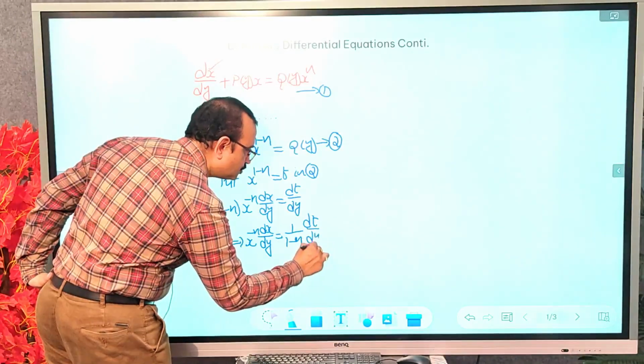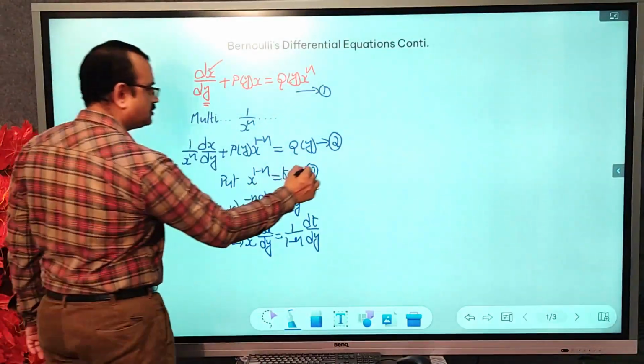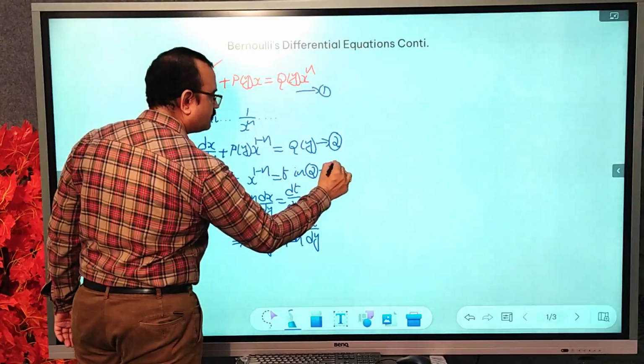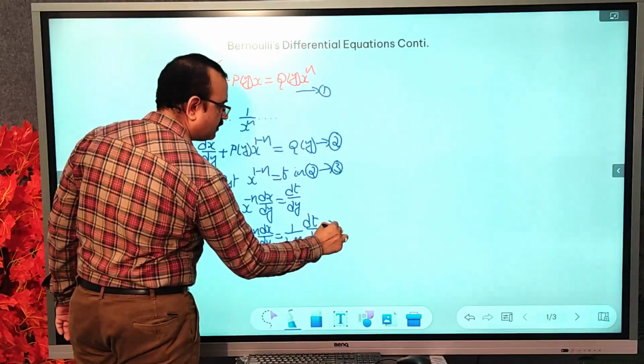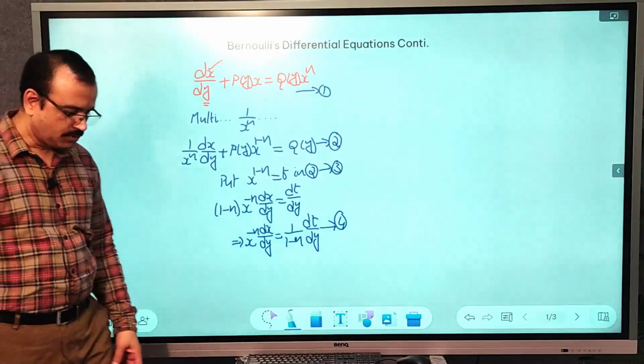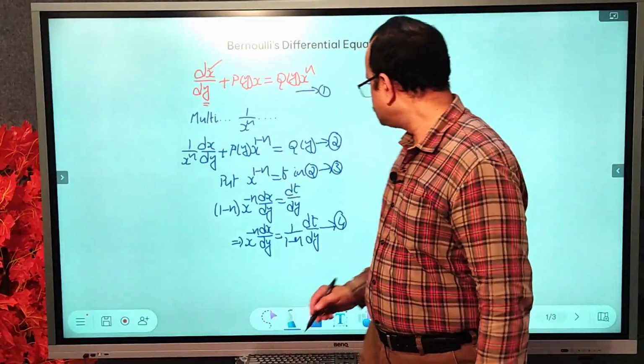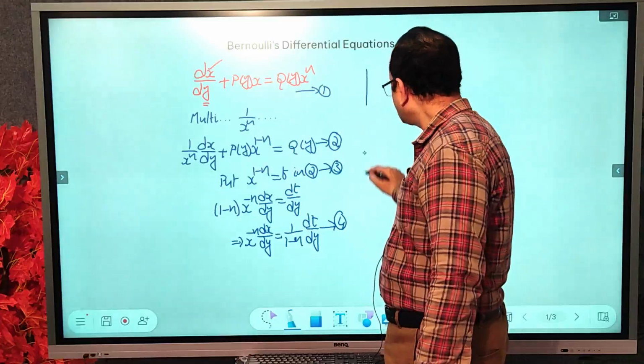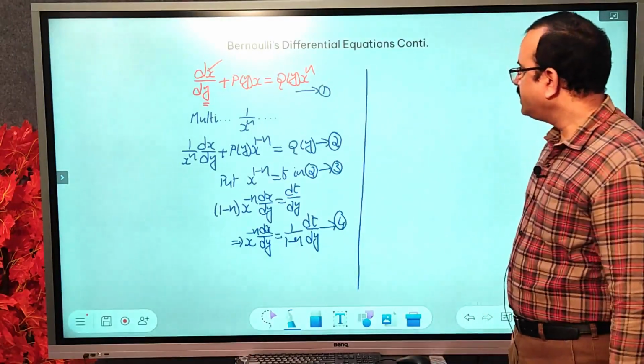If you substitute all this, with equation 3 and the other one, equation 4, in equation 2, then that equation reduces to linear in t.